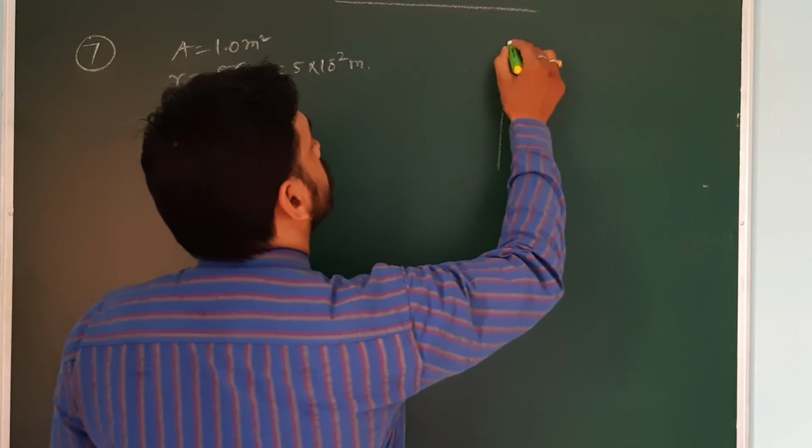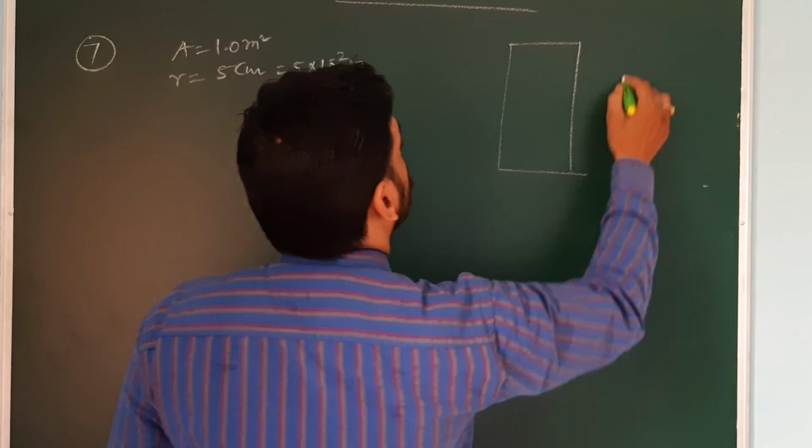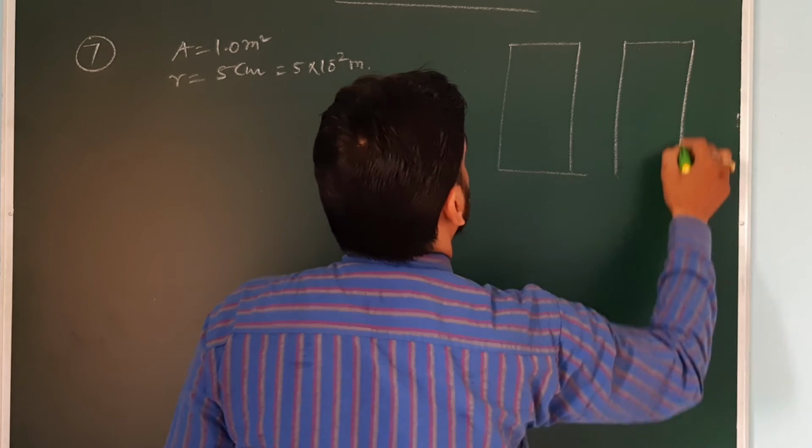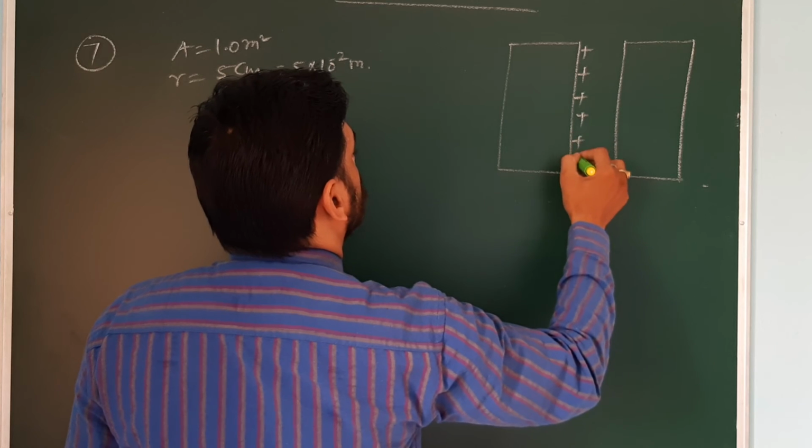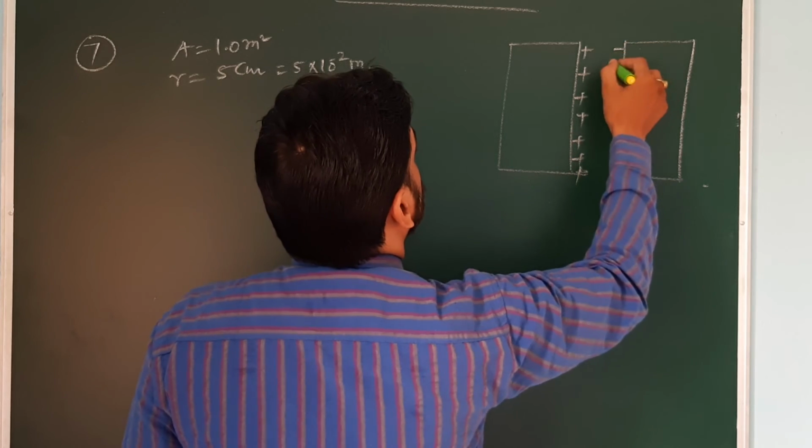Same things are there. Two plates with the same surface area. This one is positively charged and this one is negatively charged.